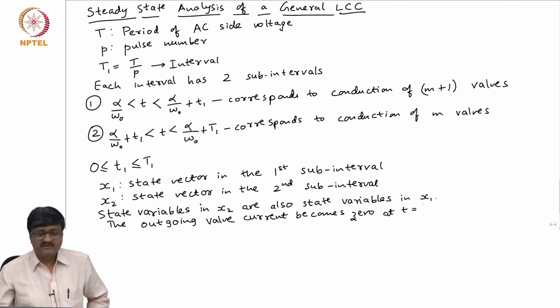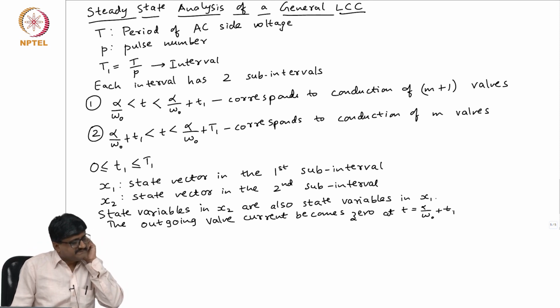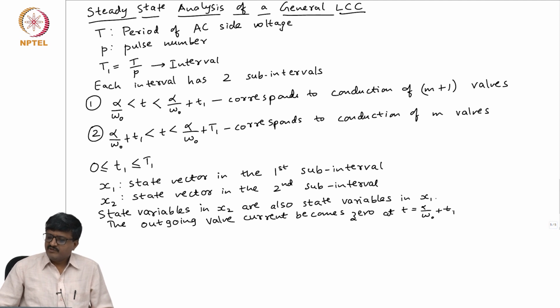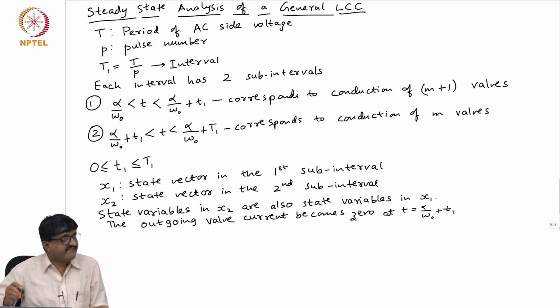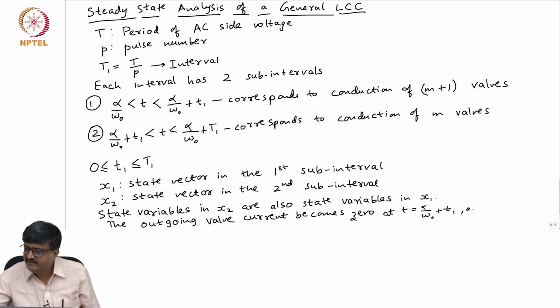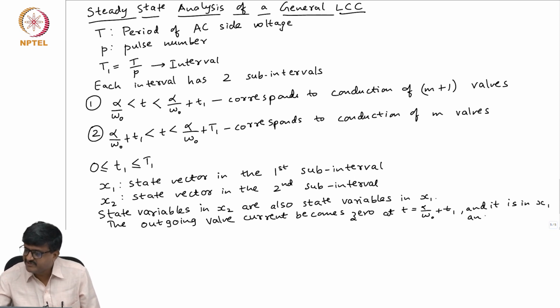At alpha by omega 0 plus T1. So, the outgoing valve current becomes 0 at this instant alpha by omega 0 plus T1, and it is a state variable of x1, but not a state variable of x2. The outgoing valve current is in x1 and not in x2.